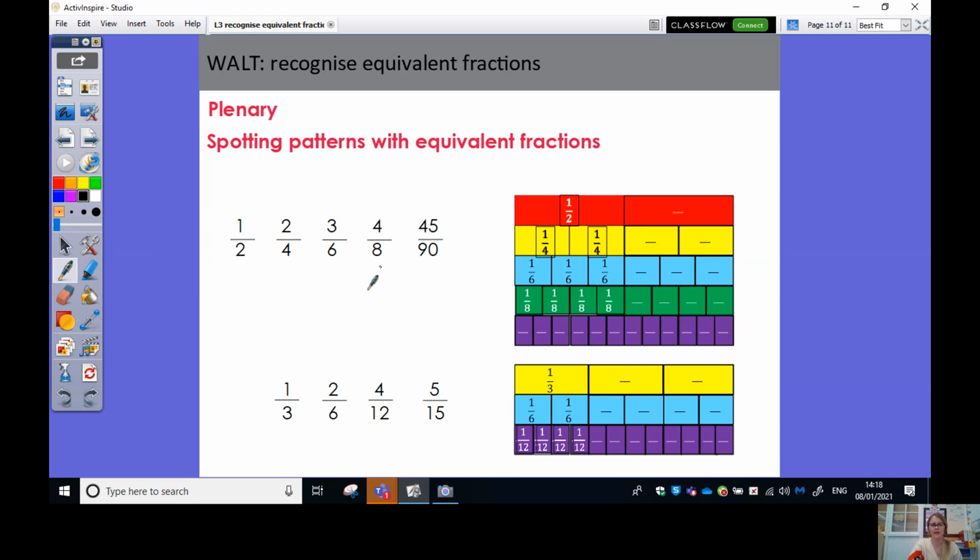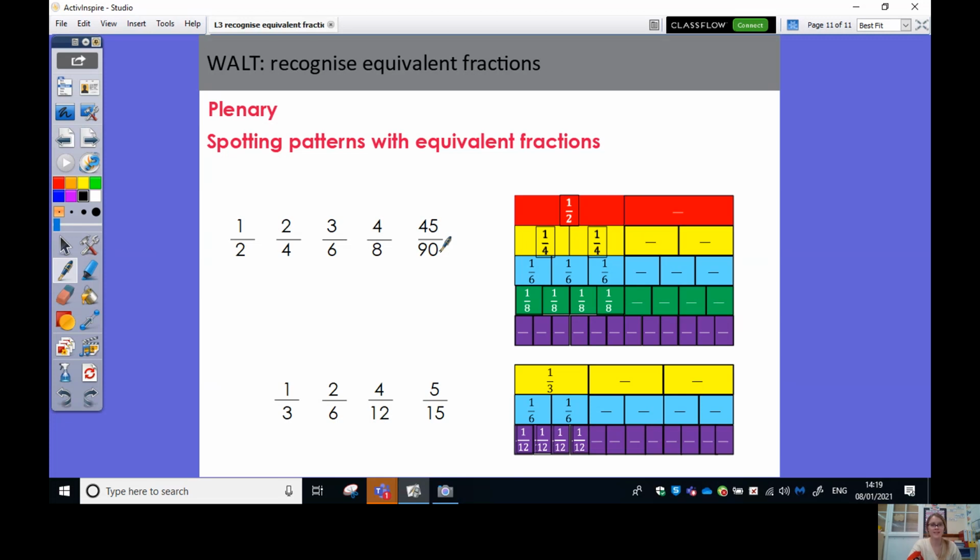So I've got my fact family here, for 1/2 and 1/3. So I'm saying 45 over 90, 45 90ths, is the same as 1/2. So earlier, if you remember, I said 1 is half of 2. What do you notice about 45 and 90 then? Why is that 1/2?